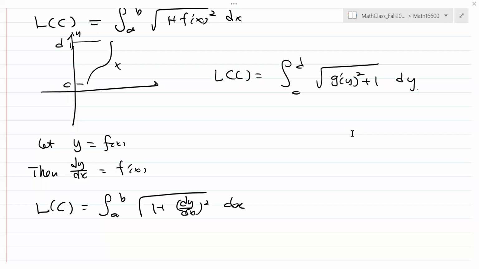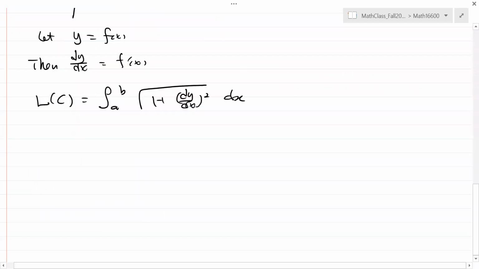Okay. Formally, we can express it in this form. Now, I can move dx into the radical, and you will get dx squared plus dy squared.